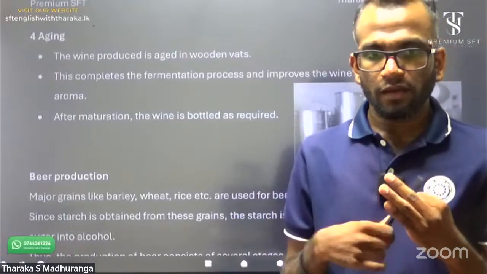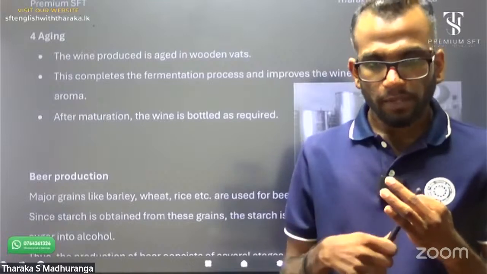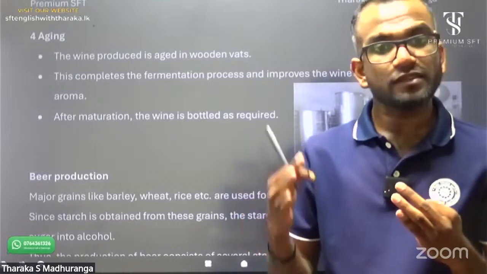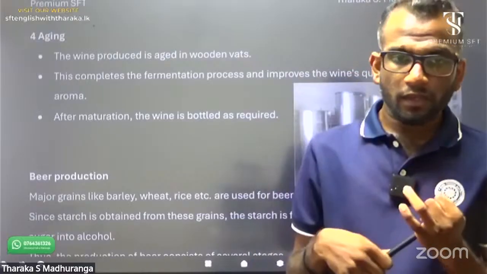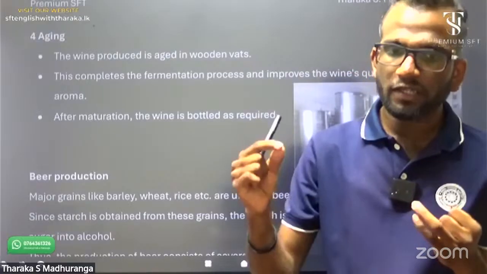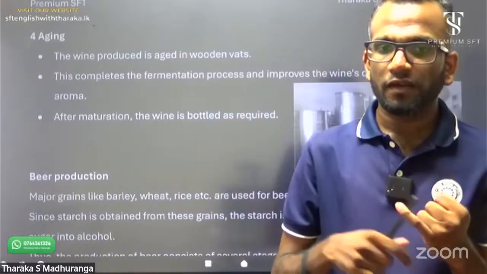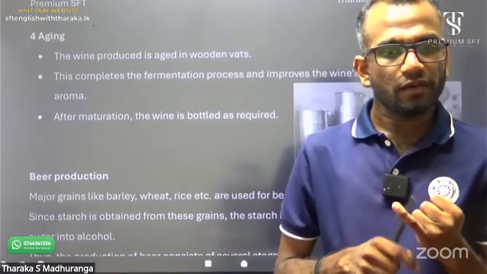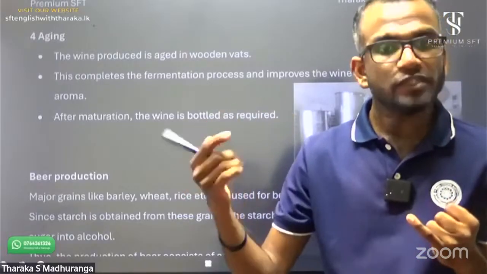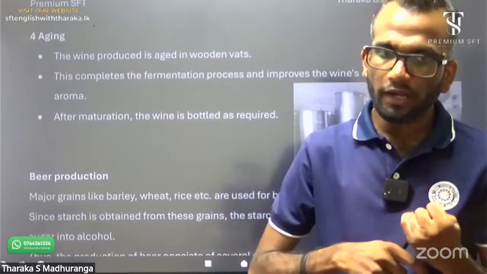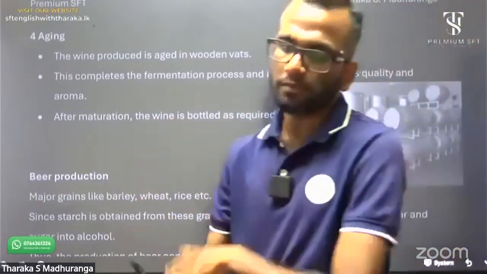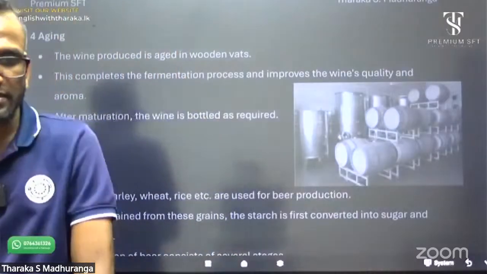Then pasteurization by sulfur dioxide gas. And fermentation by Saccharomyces strain. Clarification, that means filtering out the solid part, and aging for a longer time in wooden barrels.